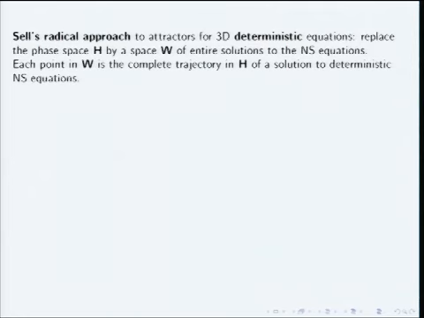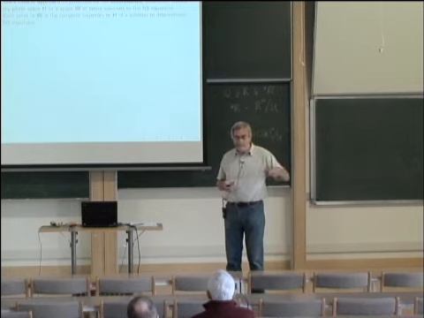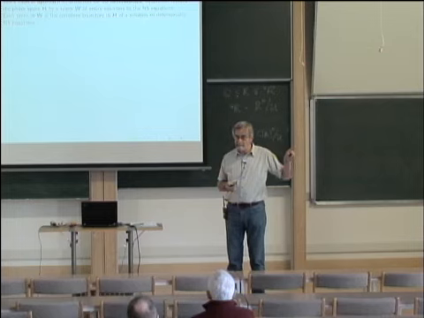In the deterministic 3-dimensional equations, the problem of attractors was addressed by Sell, who took a rather sort of radical approach. When I first saw it, I thought, this is cheating, really. He said, let's replace the phase space where the solutions live, normally called H, by the space of complete trajectories in the space H. And so the points you're looking at now are entire solutions of the equations.